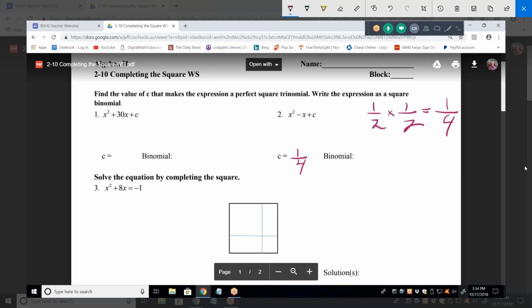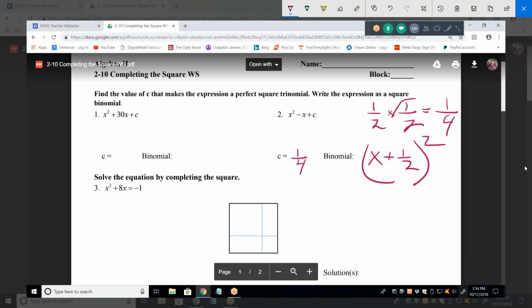Now what's my binomial term? X plus 1/4 squared. Remember, the binomial term is always that coefficient half of it. Uh-huh. So it's x plus 1/2 squared. Oh yeah, okay. I'm going to produce that 1/4 by squaring x plus 1/2, because the last part of FOIL is 1/2 times 1/2. Okay.